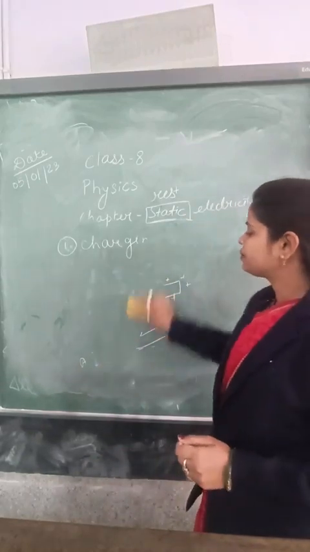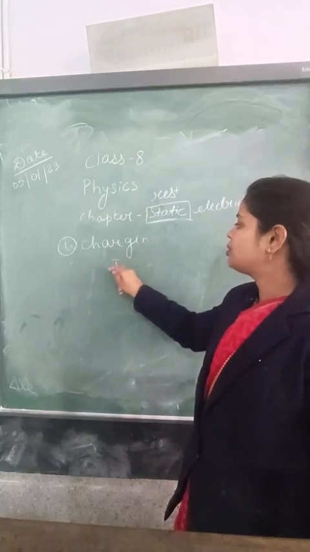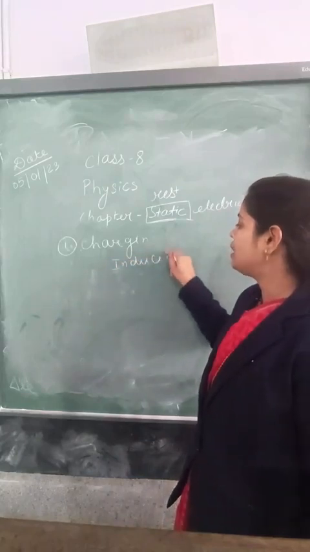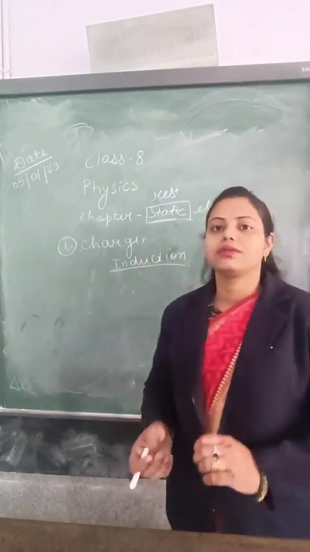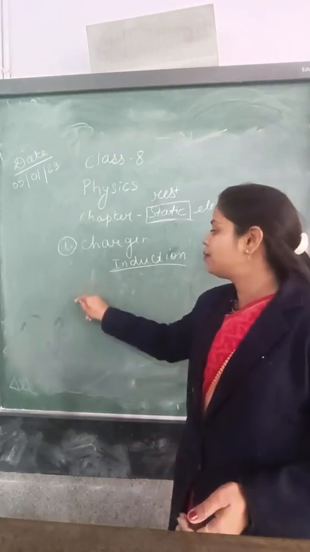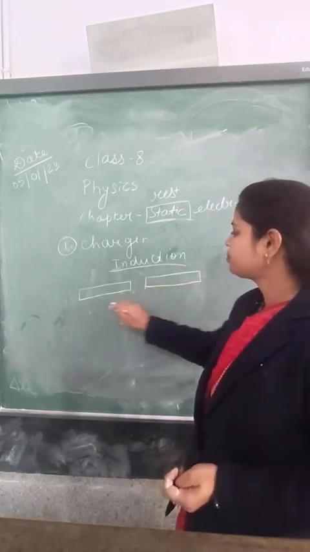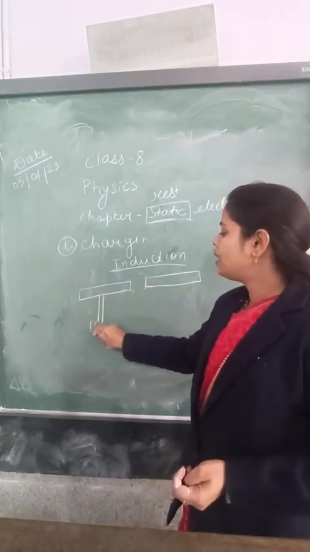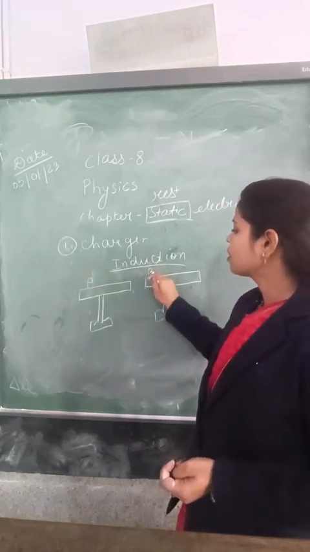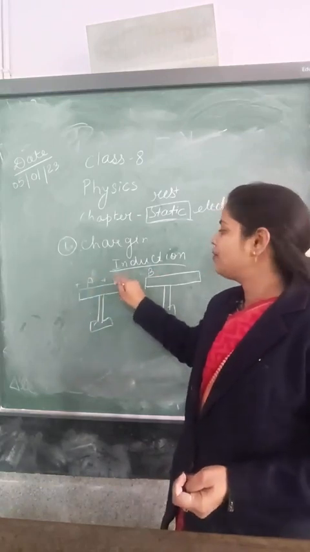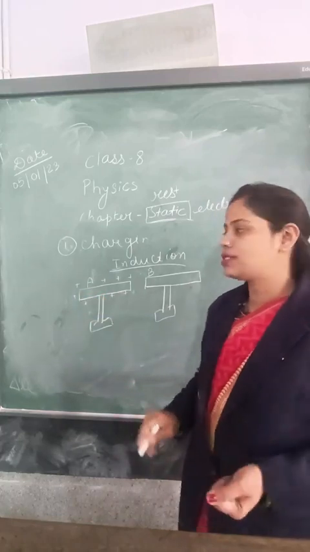Now we'll understand the method of induction. Induction means the charges are induced from the charged conductor, due to its presence, on an uncharged material or an uncharged rod. Here we take a rod A on a stand and a rod B on a stand. Let us suppose rod A has positive charges, meaning it has atoms which are deficient of electrons.